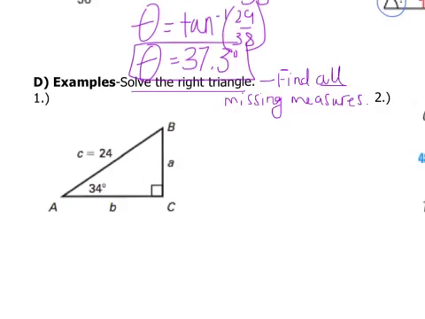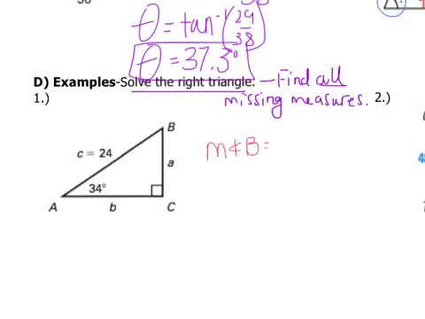Now, the best way to get these started, if you had me in geometry, which was quite a few of you last year, I told you this last year too: whatever you have two of, find the third. So in this case, you have two angle measures. The easiest way to start is to find the third angle measure because you can just add 34 and 90 and subtract that from 180.